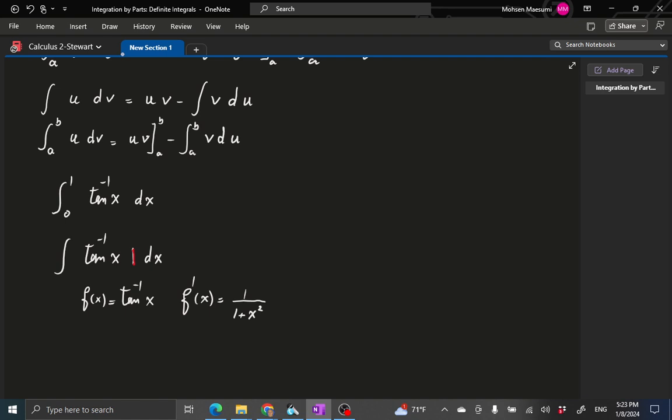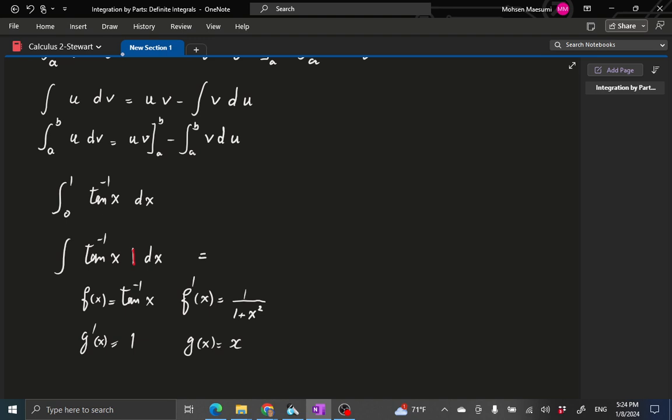And then who is my g prime of x? G prime of x is just 1. What's a function whose derivative is 1? Well, I can write x plus any constant c, but it's better not to clutter this situation. Just leave that out. It doesn't hurt, but doesn't help either, so we might just do away with that.